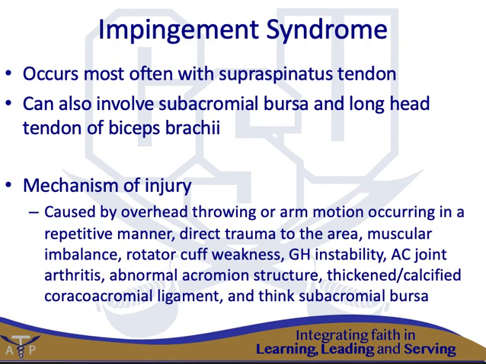But they can also be caused by direct trauma to the area, muscular imbalance between the front side or the anterior aspect of the shoulder, where there's the deltoid and the biceps, compared to the posterior aspect where we have the rotator cuff musculature. There may be rotator cuff muscular weakness and a whole slew of things within there, but the ones that I mentioned are the main mechanisms of injury that we see with impingement syndrome.